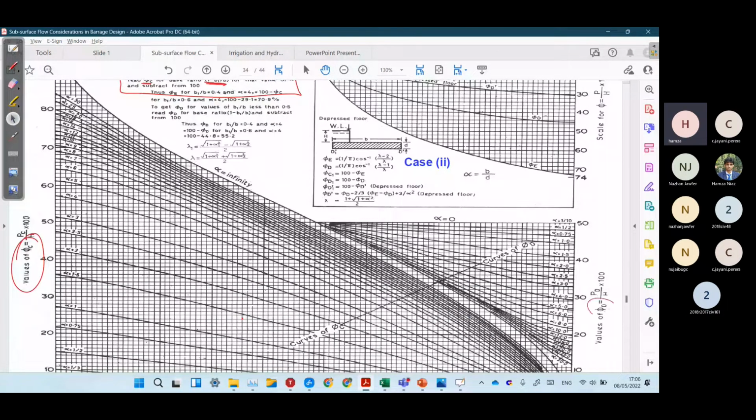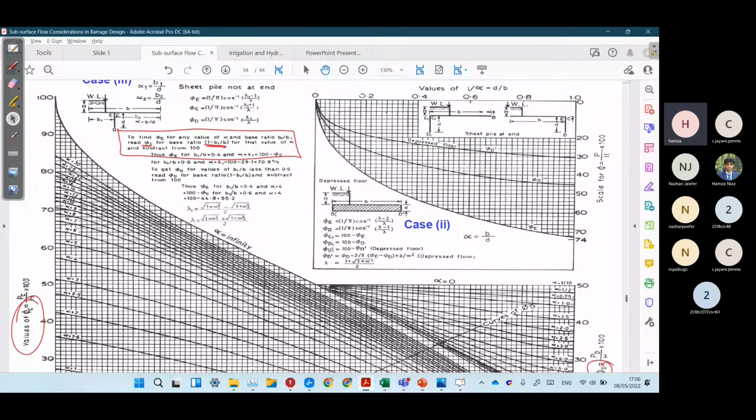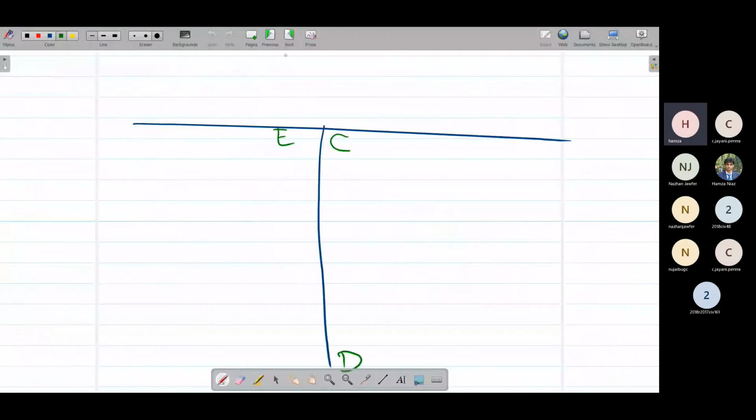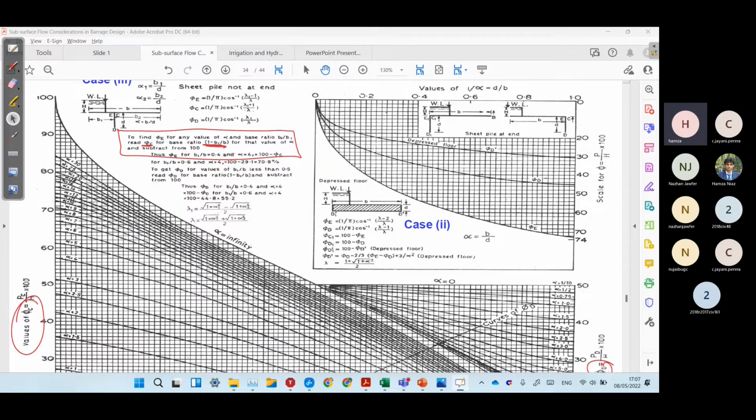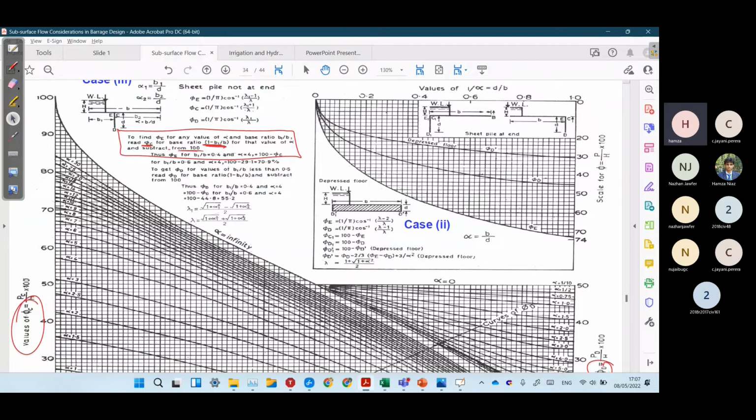The right one is for phi D. For phi E there is no graph given, but they have said that for phi E we have to read the phi C value for 1 minus B1 over B, and then subtract that answer from 100.